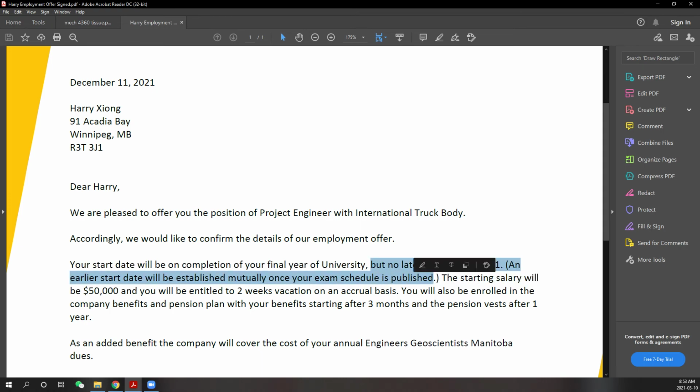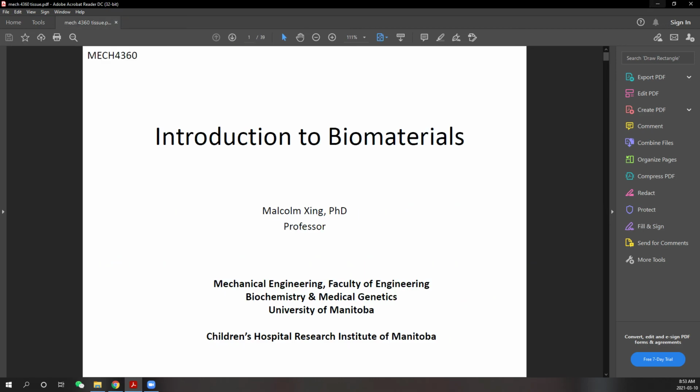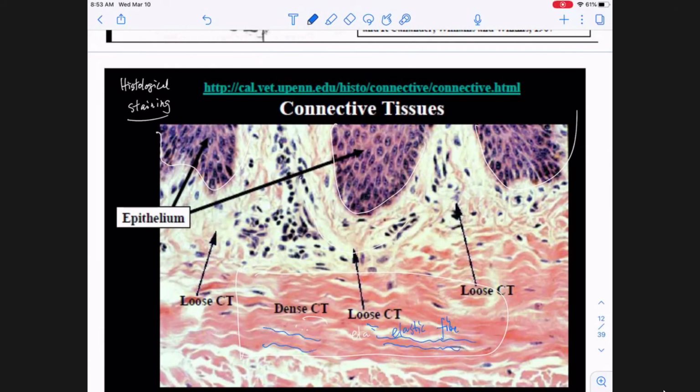Elastic fiber, like this one, this one, right? That's the very dense elastic fiber. That's loose, you will see. The elastic fiber and collagen fibers are very loosely distributed.